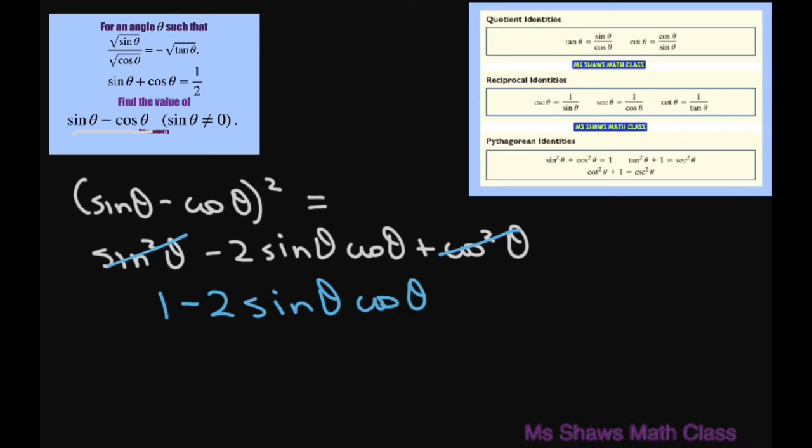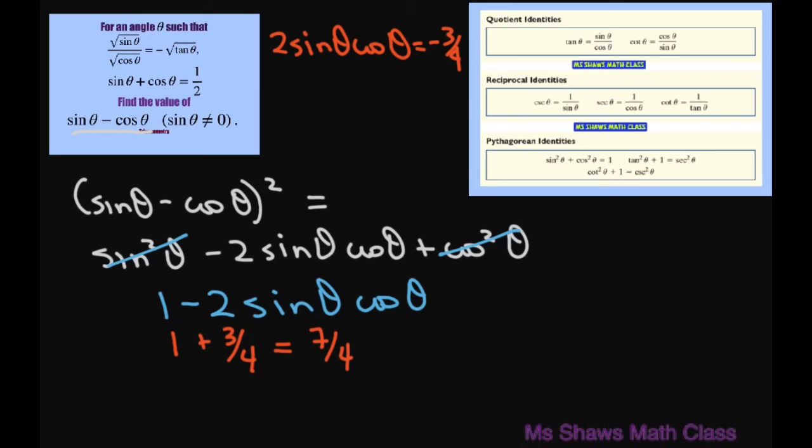Once you have this, we can substitute in, because remember our 2 sine of theta cosine of theta equals negative 3/4. So this is going to give you 1 minus, well, we already have the 2, so this is going to be 1 plus 3/4, and this is going to equal 7/4.